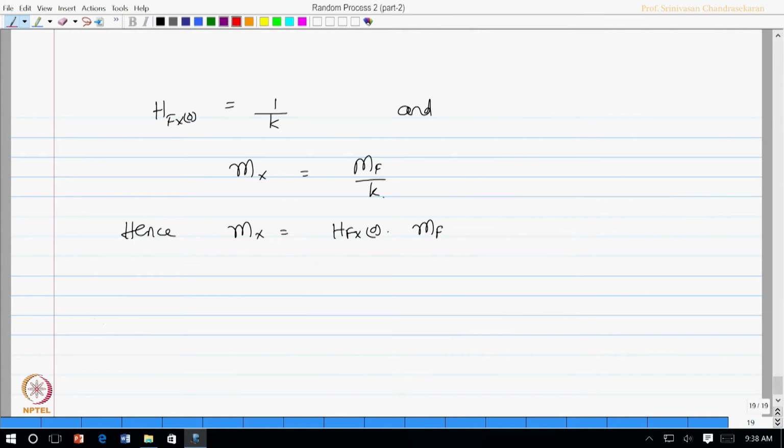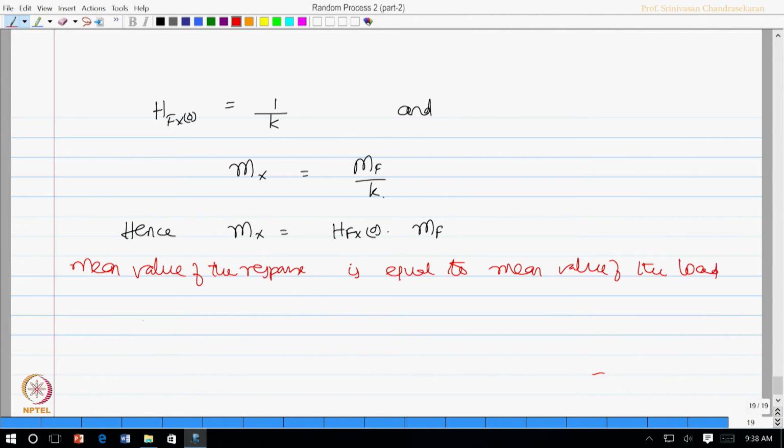The mean value of the response is equal to the mean value of the load multiplied by the system response to a static load of unit size.